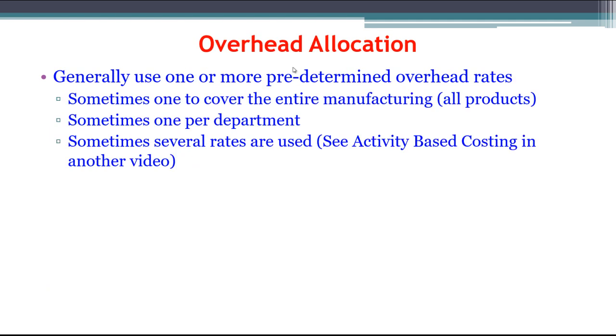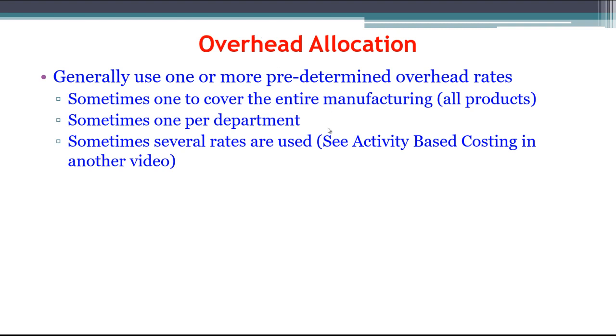Now, what generally happens, as we said in the earlier slide, is that they use at least one predetermined overhead rate. Sometimes they'll use multiple. So you might have an entire plant-wide predetermined overhead rate, or you might have one for a few different departments if we believe the overhead is consumed and used up in different ways for different departments.